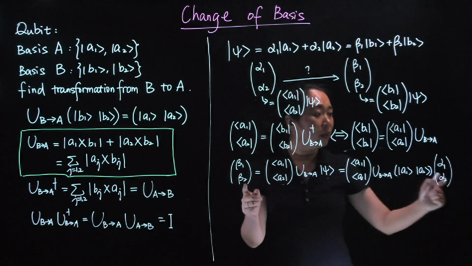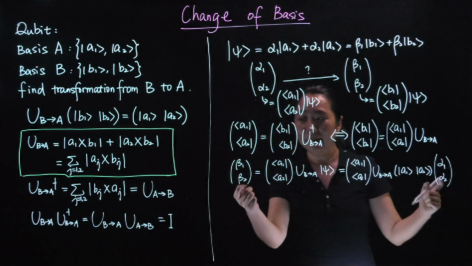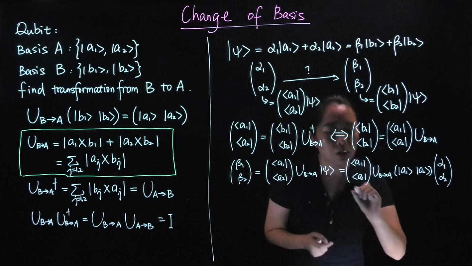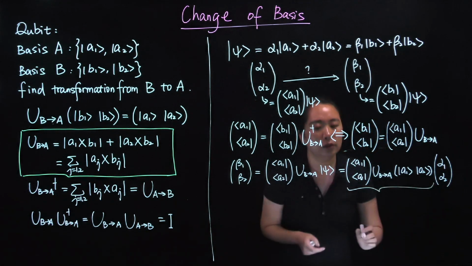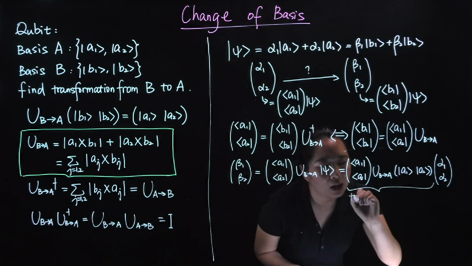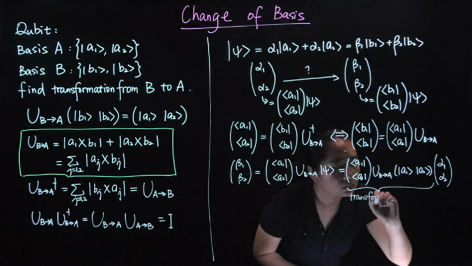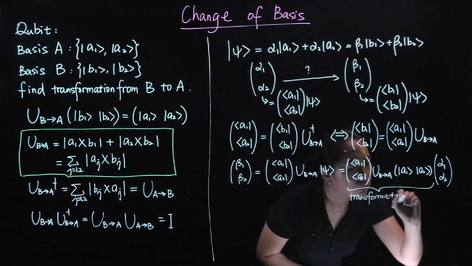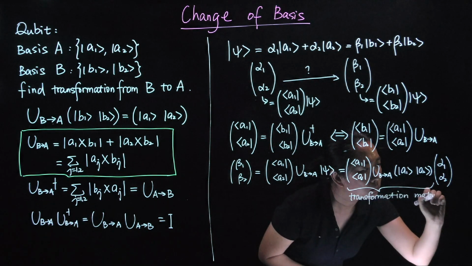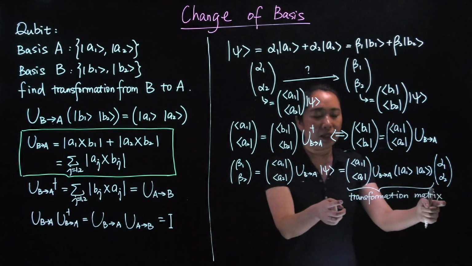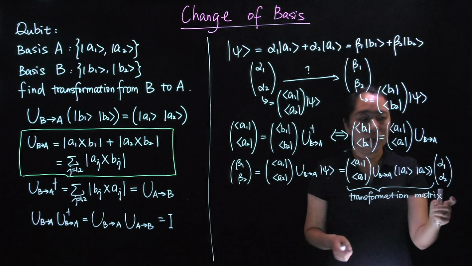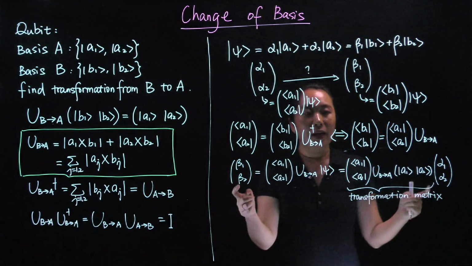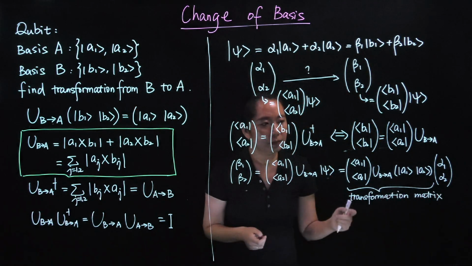So given alpha 1 and alpha 2, we can get beta 1 and beta 2 by evaluating this matrix. So this is actually our transformation matrix, the transformation matrix between the representations of state in the A basis and the B basis.